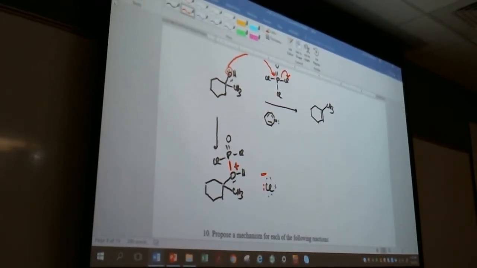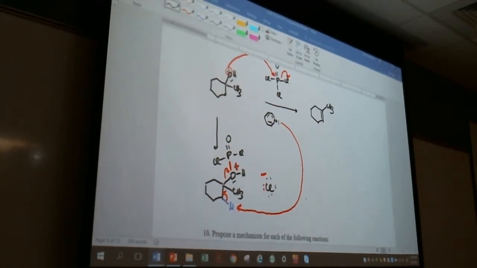Now, you could write this as an E1 elimination or E2 elimination. Let's write it as an E2, just for the heck of it. Now, chloride ion is a pathetic base. Pyridine is a much better base, which is why they put the pyridine in here. Let's come in with the pyridine, attack this hydrogen, put these two electrons here, and kick this out.